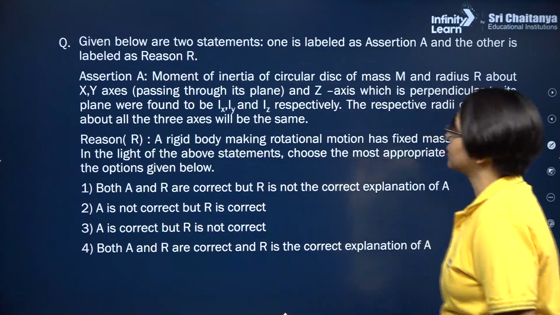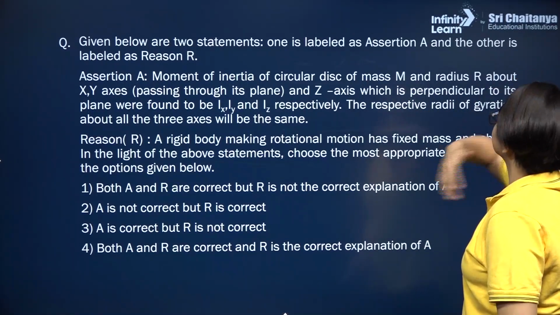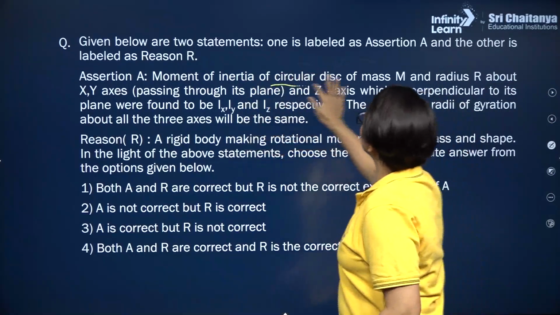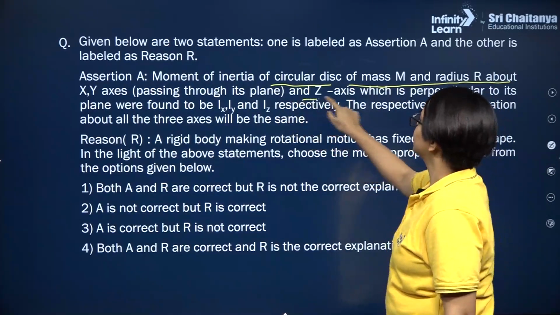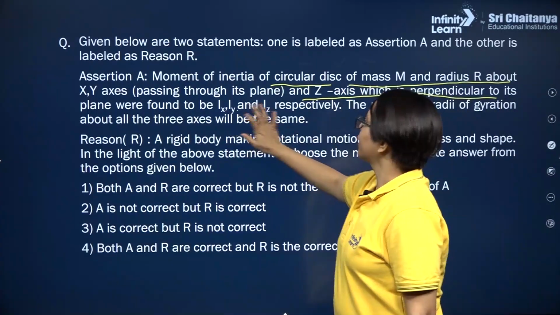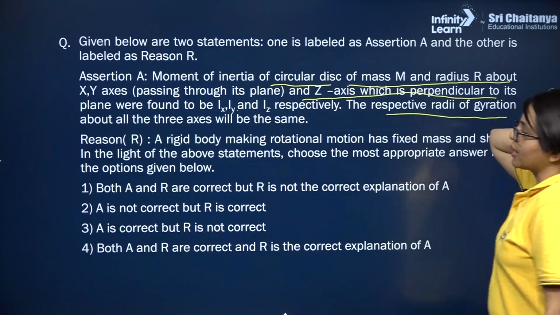Next is this one. Given below are two statements. One is labeled as assertion A and the other is reason R. Assertion: the moment of inertia of a circular disc of mass m and radius r about the x, y axes and the z axis, which is perpendicular to its plane, were found to be Ix, Iy and Iz respectively. The respective radii of gyration about all three axes will be the same.